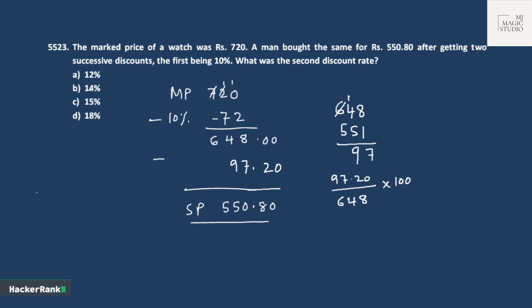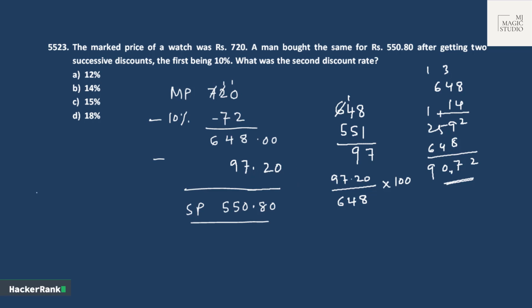You can play with the options. 2 into 8 will not give 2, 4 into 8 might give 2. 648 into 14 gives 90.72, which is near to 97.